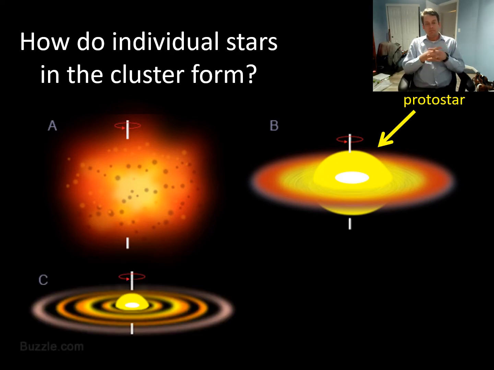So over time, the protostar continues to collapse, and the disk starts to take on some additional structure because gravity is acting in the disk too. Just like the cloud itself was not uniform, right? It was clumpy. There were parts of it that were a little bit more dense, and there were parts that were a little less dense. Well, that's true of this disk surrounding the protostar as well.